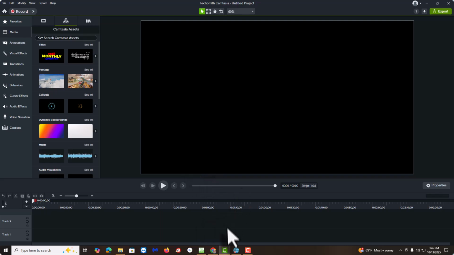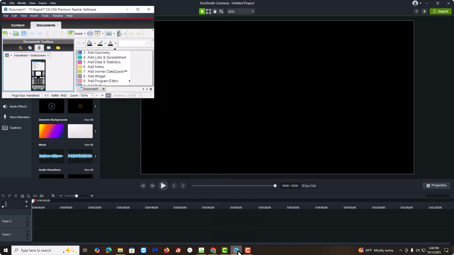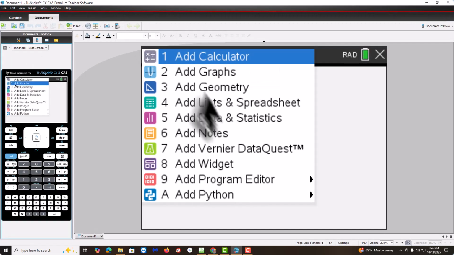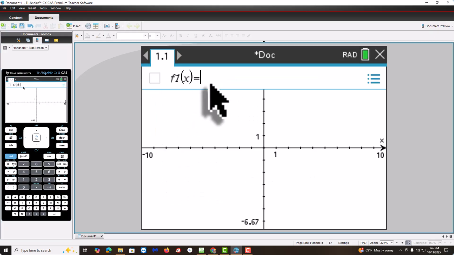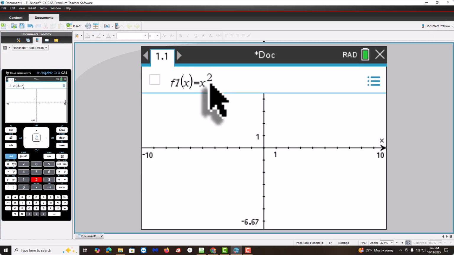Oops, that's the wrong one. Here we go. Need a graph. And a great thing to do is to store functions, and that's one of the things a grapher can really do for you.